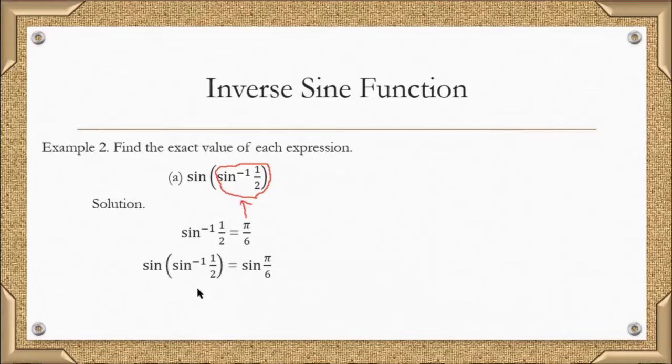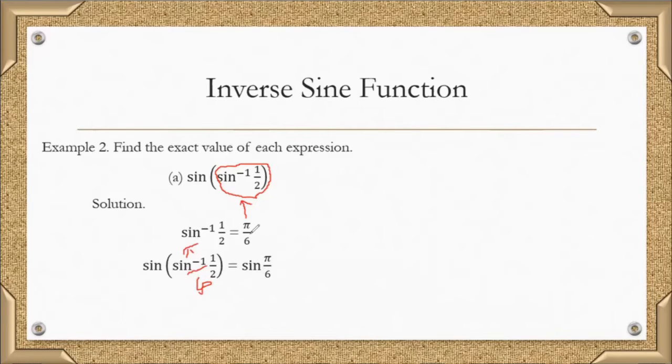Ayan. So, instead na inverse of sine 1 half, mapapalitan na to ng pi over 6. And then, pag kinuha natin ng sine pi over 6, di ba? Babalik ka lang din.